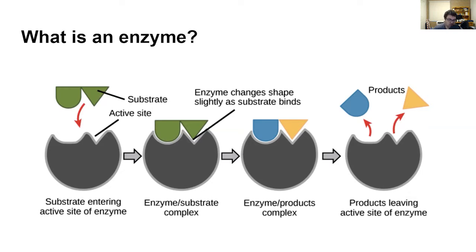Now, one of the things we've learned in recent times is that when the substrate docks into them, the enzyme tends to wiggle around a little and change shape so it better fits the substrate. What this does is change the chemical environment around the bonds of the substrate and enable a chemical reaction to take place that is highly specific and often very unlikely to happen by itself in the human body.